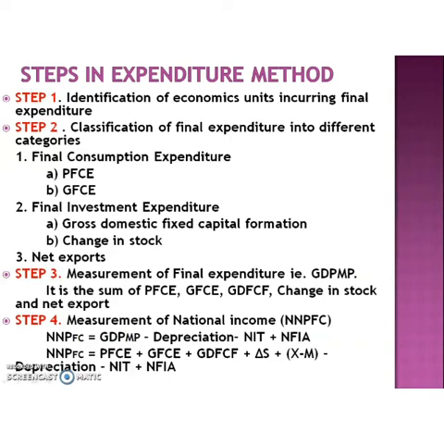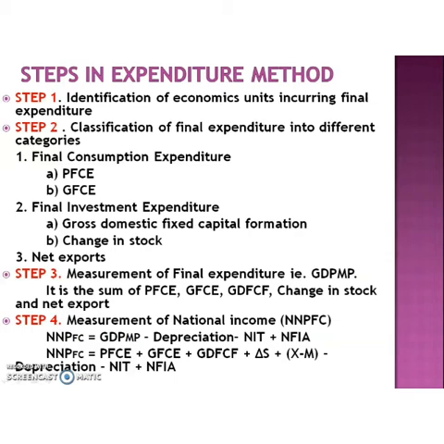Then the third step is the measurement of final expenditure, that is measurement of GDP-MP. It is the sum of private final consumption expenditure, government final consumption expenditure, gross domestic fixed capital formation, change in stock and net export.